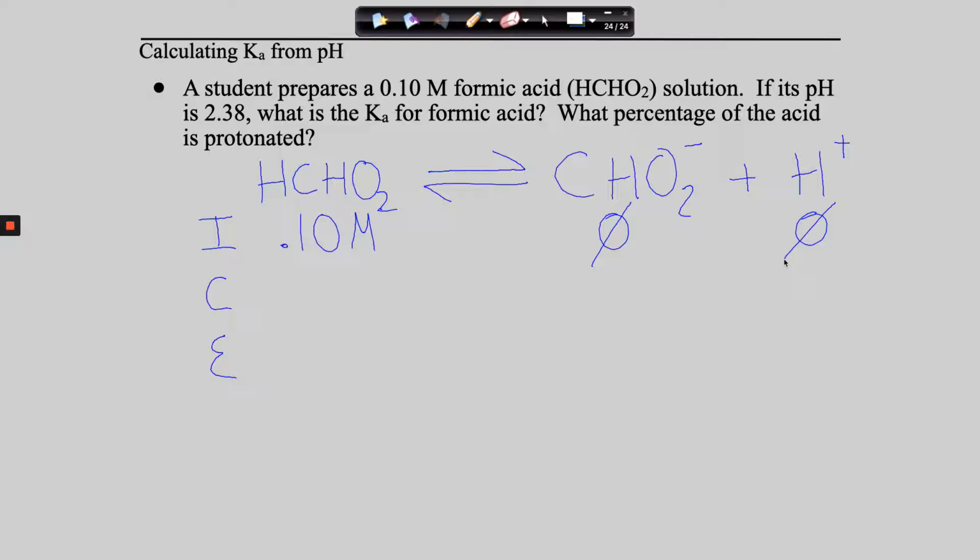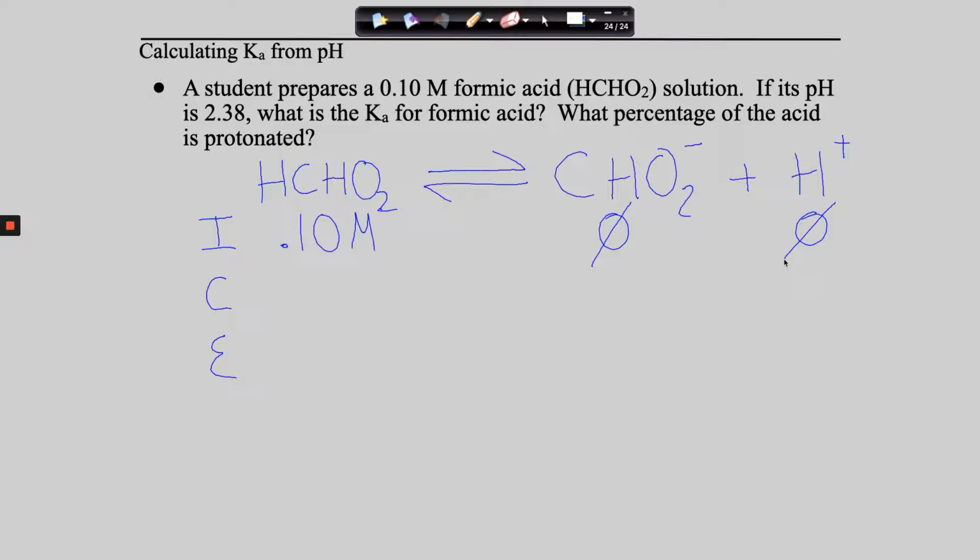There is something else. Cade, what else? Can we do something with the pH? And the answer is yes. Guys, pH is related to the concentration of what? Hydrogen ion.